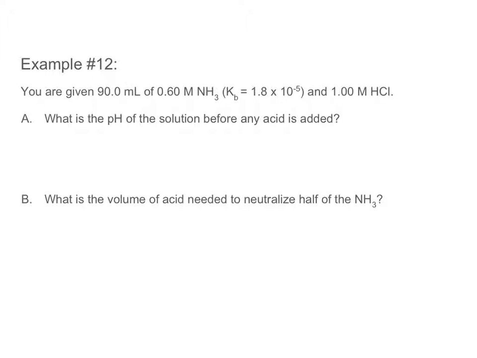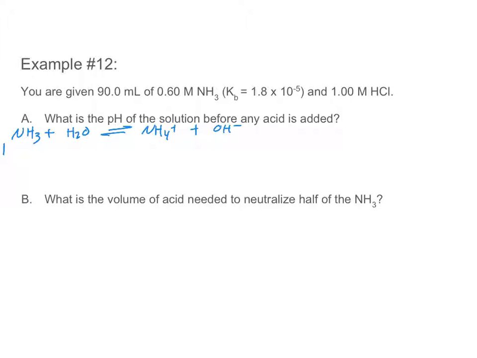So in this case, it says, what is the pH of a solution before any acid is present? So we are going to use an ice table. In order for us to calculate the pH, this one's not too hard because we've already done stuff like this before. You just have a beaker of 0.6 molar NH3. So the reaction that I'm going to write is NH3 plus water reacts to form NH4 plus and OH minus.